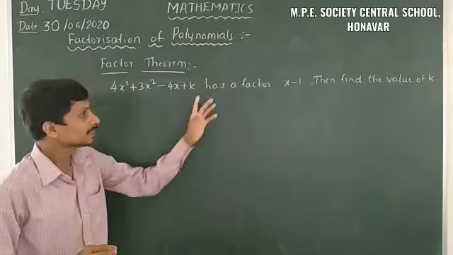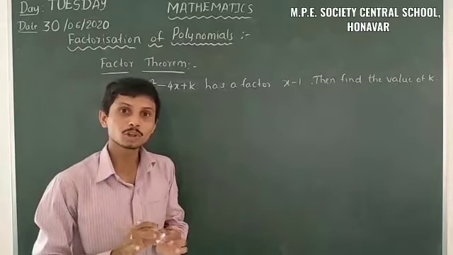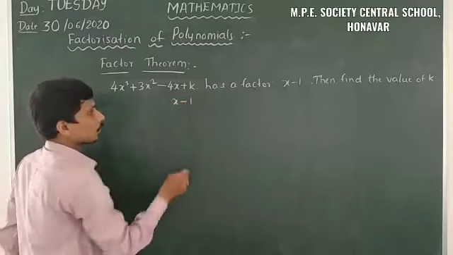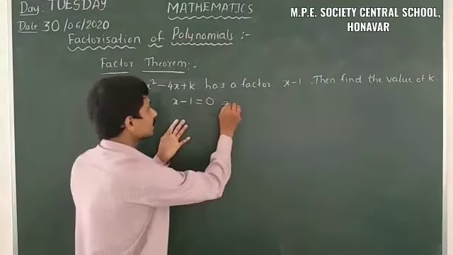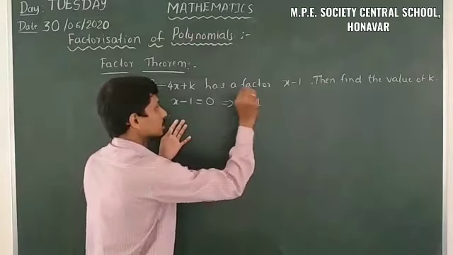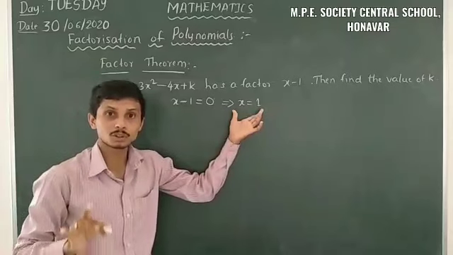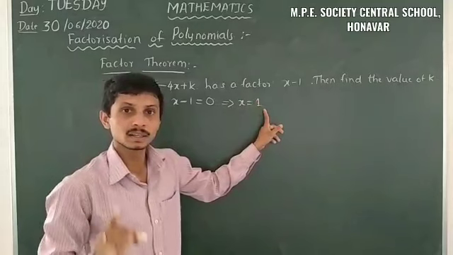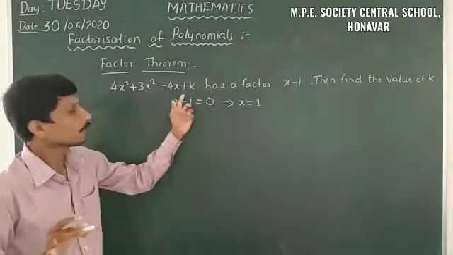That means x minus 1 is one of the factors, meaning x minus 1 is equal to 0. That means x is equal to 1. So if x minus 1 is a factor of the polynomial, x equal to 1 is one of the zeros of the polynomial p of x.